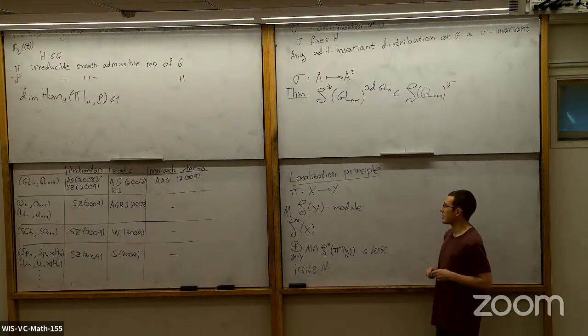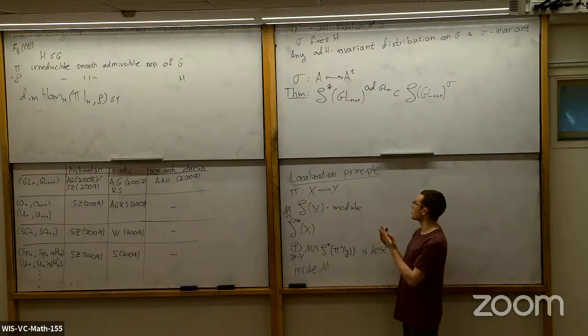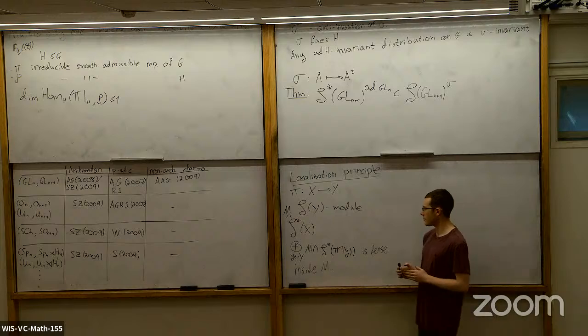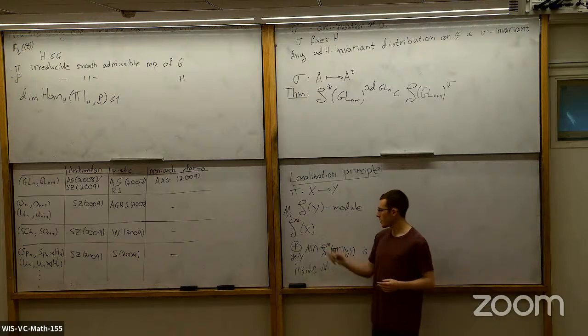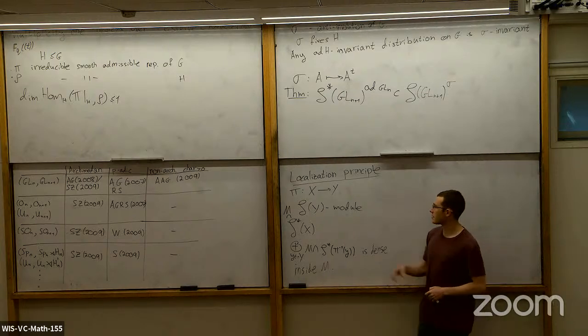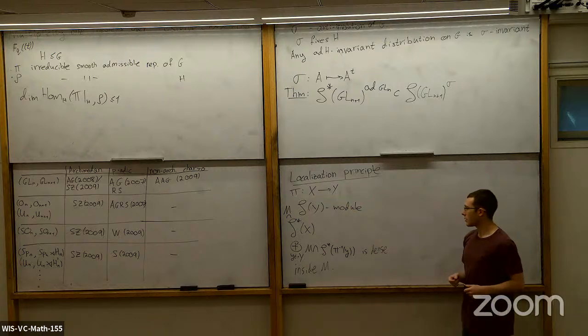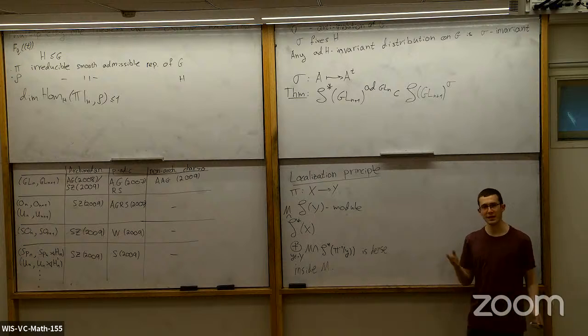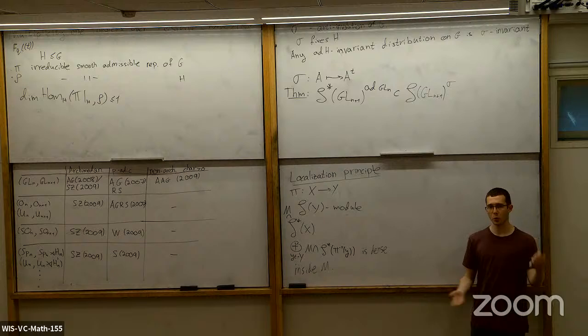What this principle tells us is that whenever we want to say something about distributions on X, many times it is enough to consider distributions on fibers of some map from X to Y. Let's say that we want to show that any distribution which satisfies some property satisfies another property.